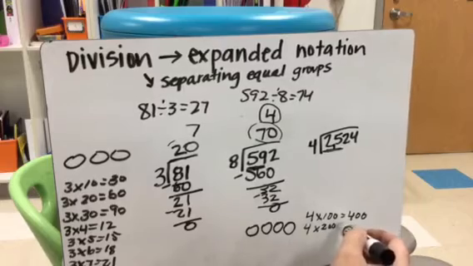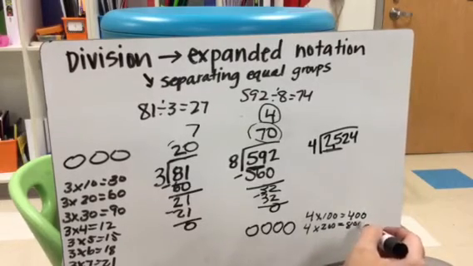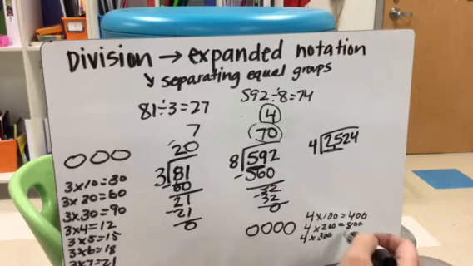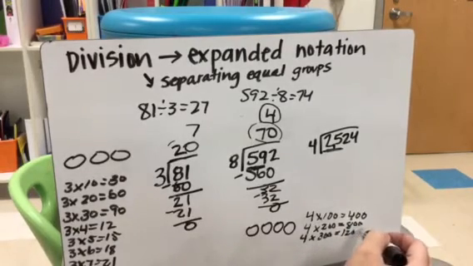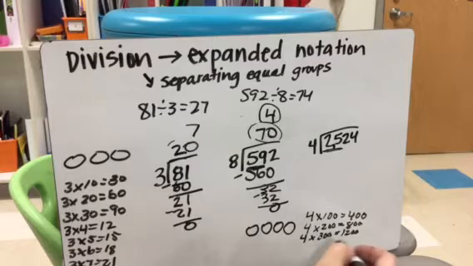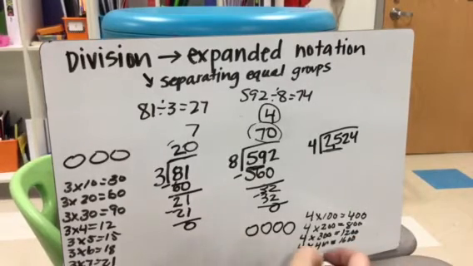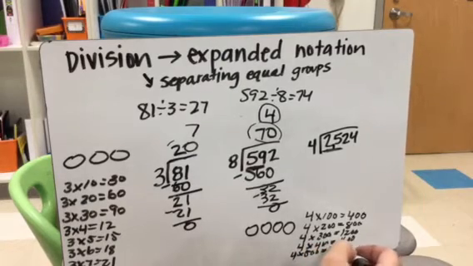If the 4 people take 200s, that's 800. If the 4 people take 300, that's 1,200, because I have those 2 placeholders. If the 4 people take 400, that's 1,600. If the 4 people take 500, I'm in the 2,000s, I'm getting closer.